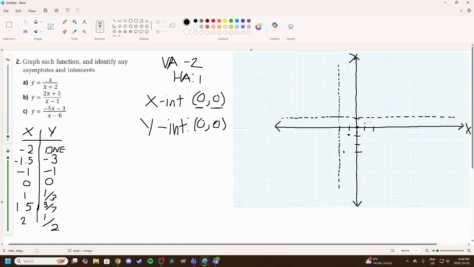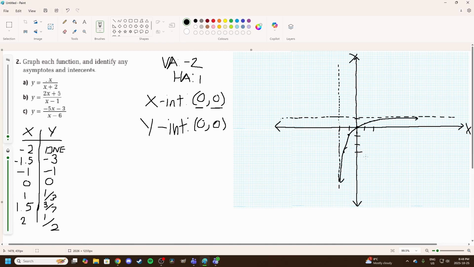It'll look like this. And then we have 0.5 for 2. So not perfect, but this gives us the general idea of what this graph will look like. Remember to never touch the asymptotes.